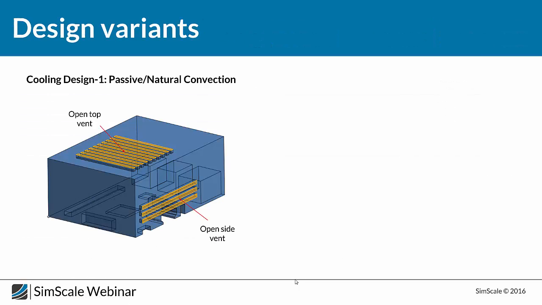And now for the design variants. We consider two different variants. For the first one, natural convection, air comes in and goes out through these vents. The inlet air is controlled at a particular temperature of 293 Kelvin, which is room temperature, and the outlet is calculated after taking up the heat from the heat sources.